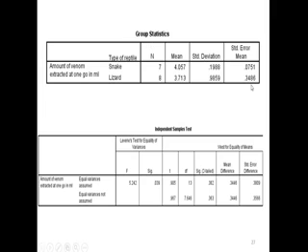As soon as we click on OK, these two tables are generated, and here we see that there are two rows, one assuming equal variances, one assuming that the variances are not equal.